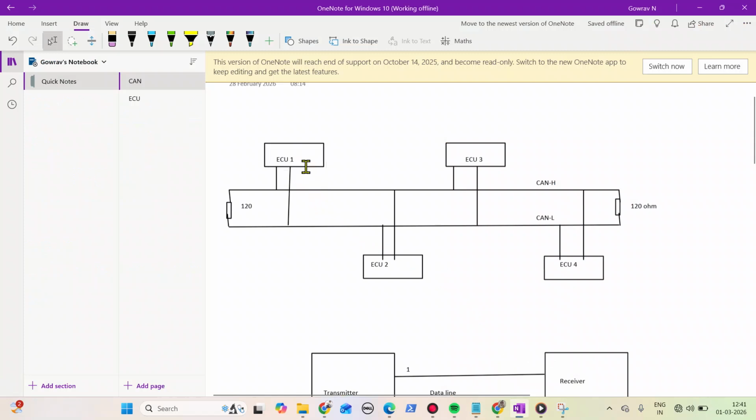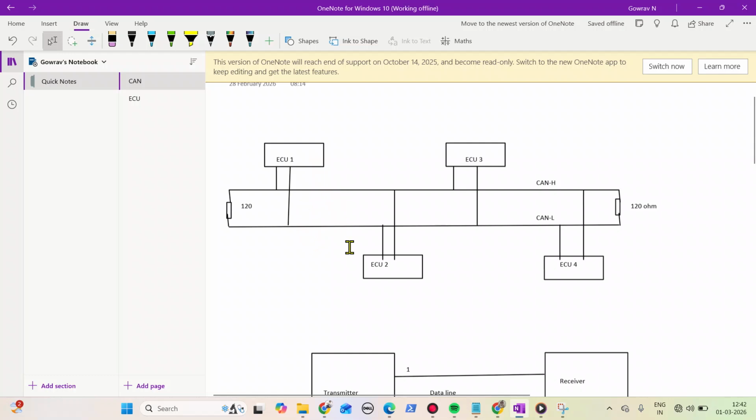For example, this is ECU1 and this is ECU2. At the same time, ECU1 and ECU2 want to transmit their data. Then what will happen? Arbitration comes into the picture. Among these two ECUs, whichever message has higher priority will get the bus first.